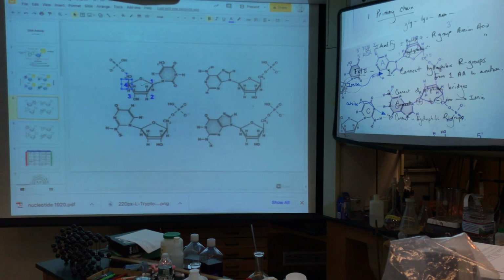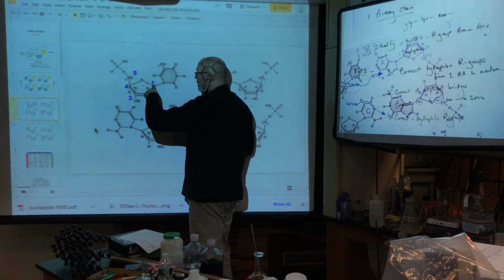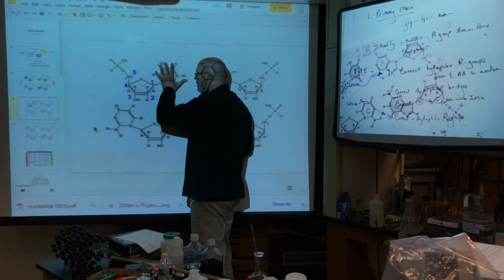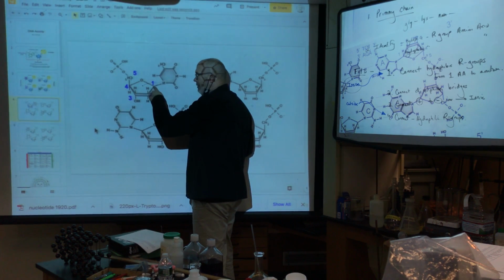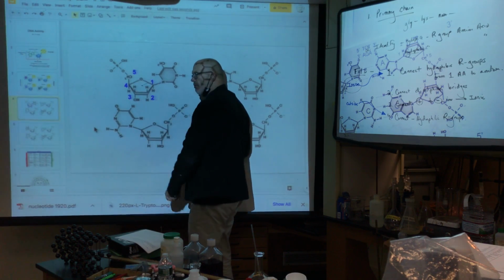Inside that box, type 4. And then this is the 5th carbon, that's C up there. Always the carbon on the other side of the O, attached to the nitrogenous base, that, my friends, is the first carbon. And we number this way.